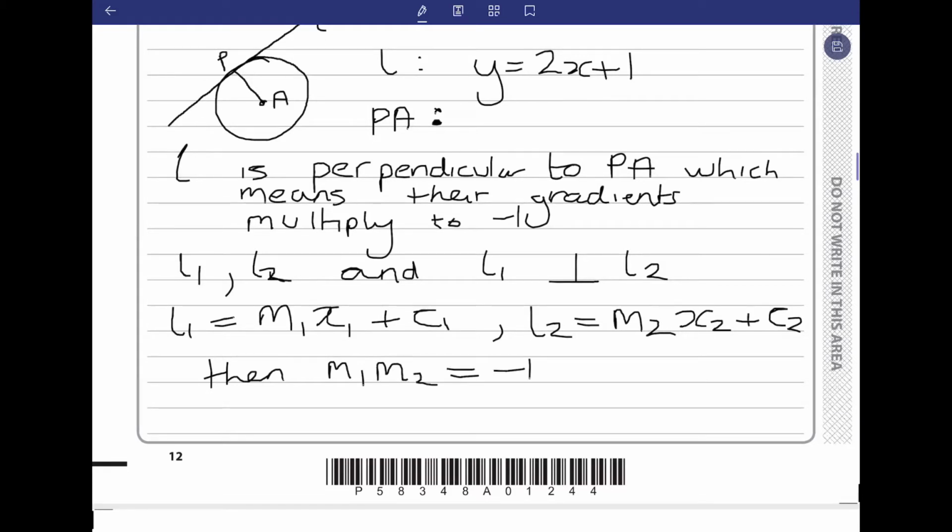So that's what I mean when I've written out this paragraph here. So let's carry on.